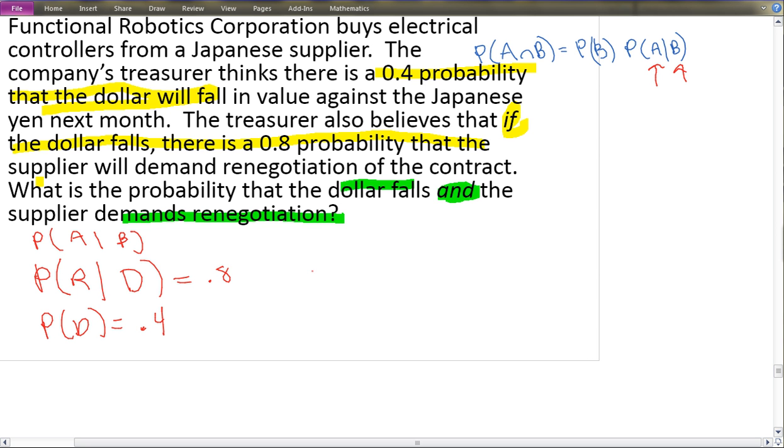So we have two things. Probability of renegotiation given that the dollar falls is 0.8. Probability of the dollar falling is 0.4.